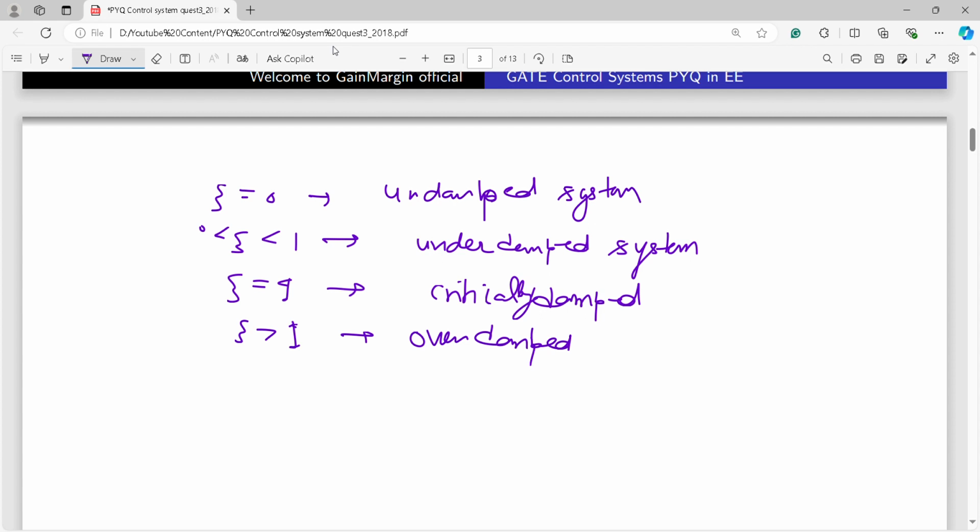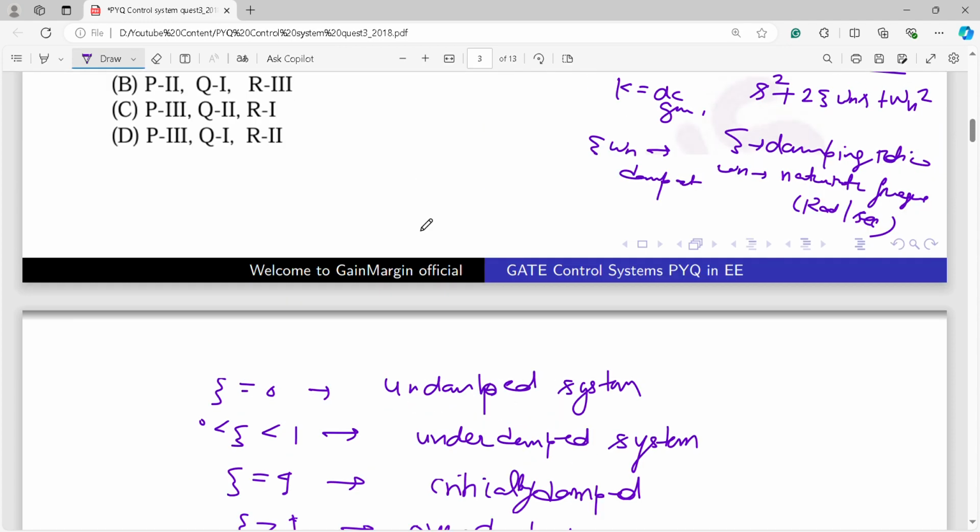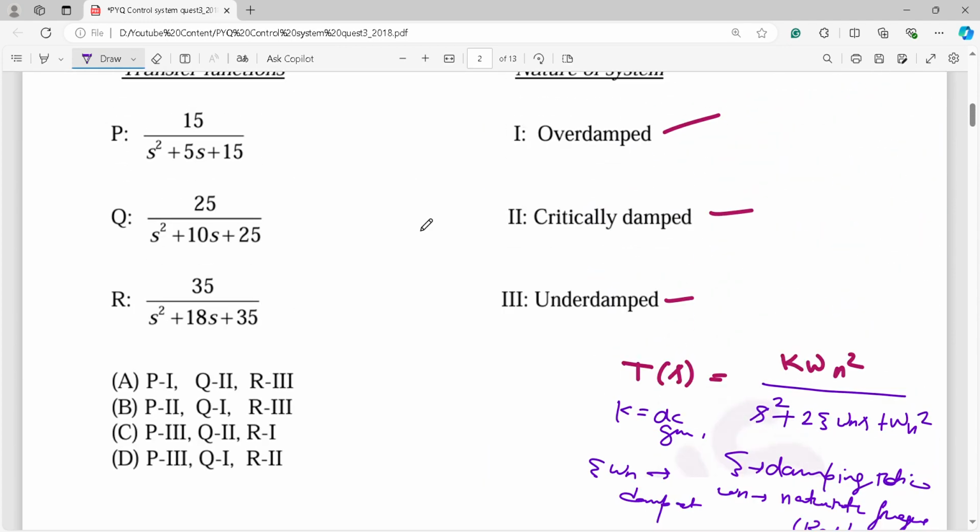This way we can find out whether the system is underdamped, critical or overdamped. So for this given question, let me solve it. In option P, they have given the transfer function 15 by s square plus 15s plus 15.